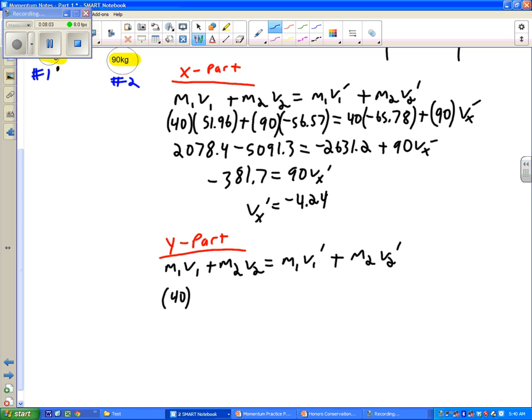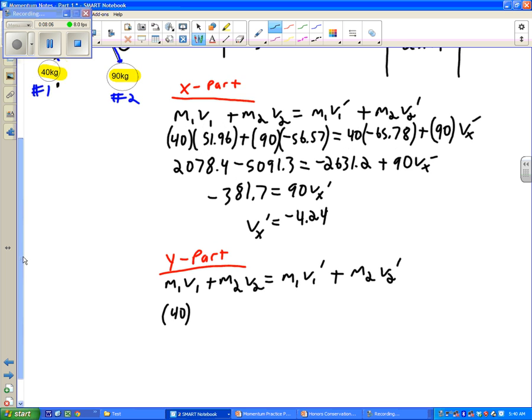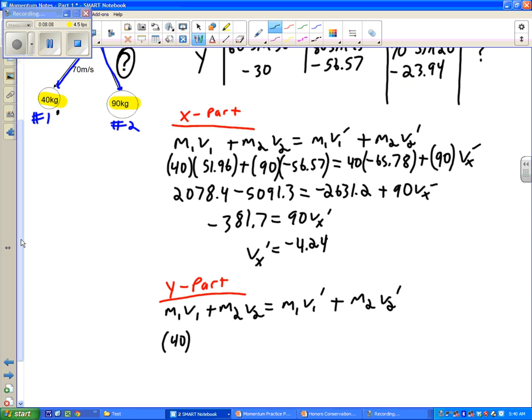And now I need the y part of v1. That is going to be this guy right here, negative 30. Plus m2, that's my second mass, that's my 90. v2, that guy, negative 56.57, equals, mass 1 is 40. V1 is right there, negative 23.94. My second mass is 90, and I don't know how fast it's going.